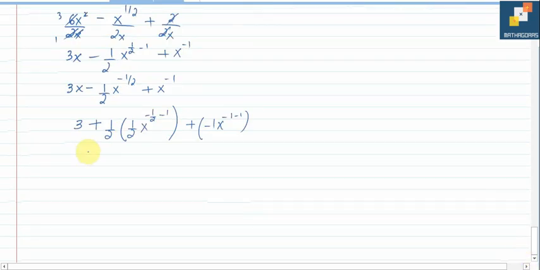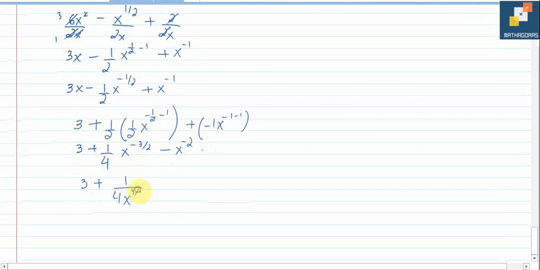After that 3 plus 1 divided by 4 x power minus 1 upon 2 minus 1, it's minus 3 upon 2, minus x power minus 2. Further we can say that 3 plus 1 divided by 4 x power 3 divided by 2 minus 1 divided by x square. So that is your answer.